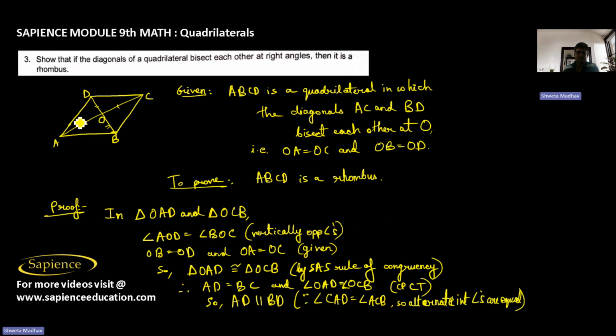So hence two opposite sides are parallel and they are equal also. Hence I can say that ABCD is a parallelogram.